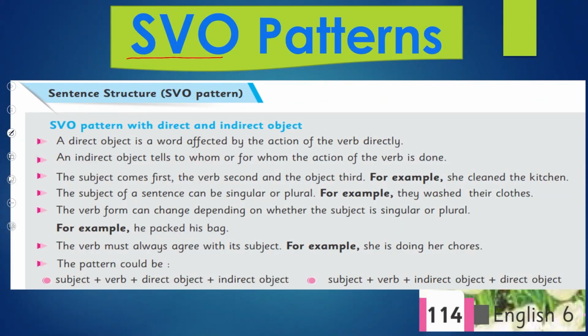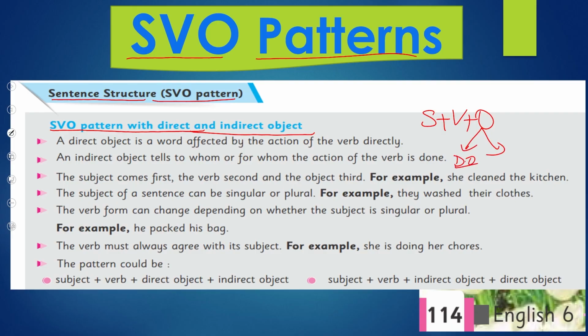This is the SVO pattern. Sentence structure SVO pattern, with direct and indirect objects. If we have a subject and verb and we have to put an object with it, the object is of two types, that is direct object and indirect object.